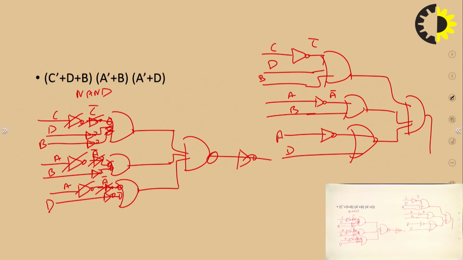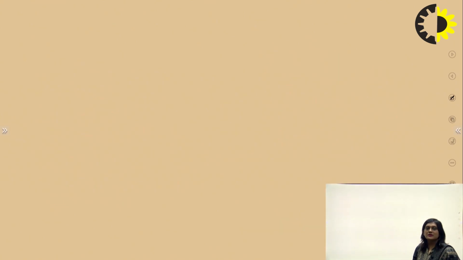Now for OR NOR, we will put bubble here. Okay, now it will be cancelled out. Now we can replace all the gates with the NOR gate. So this is how we can design this expression with the help of the NAND gate and the NOR gate using bubble method. So here also, if we want to make this design, this expression, like this is the case.